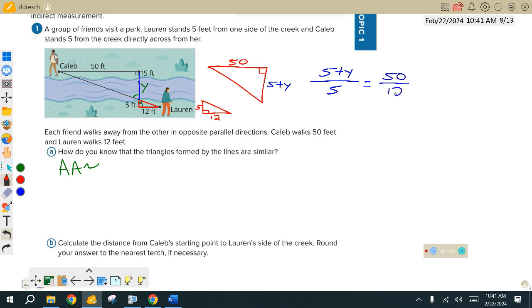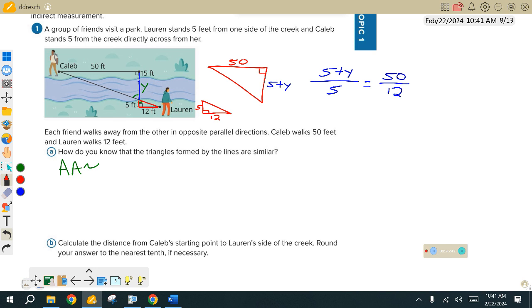Yep. So that vertical leg to vertical leg, 5 plus y to 5, equals the big triangle's 50, the horizontal to the horizontal, the big horizontal to the small horizontal. So set it up. We did.